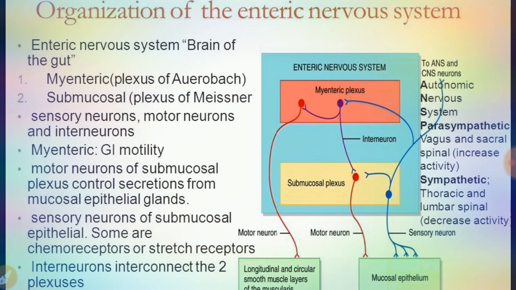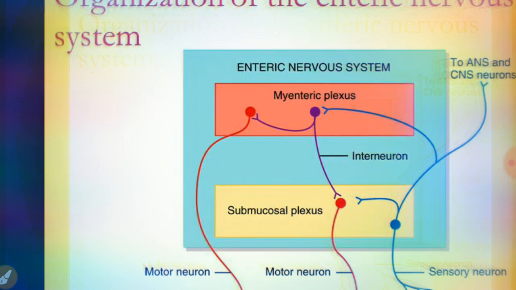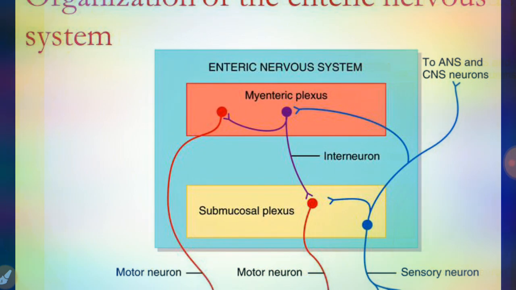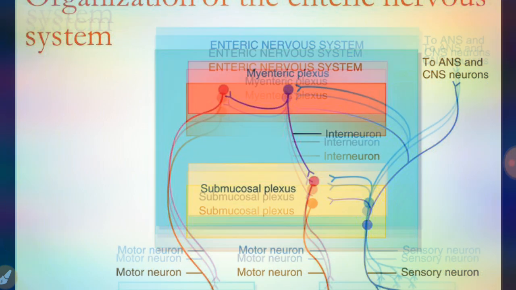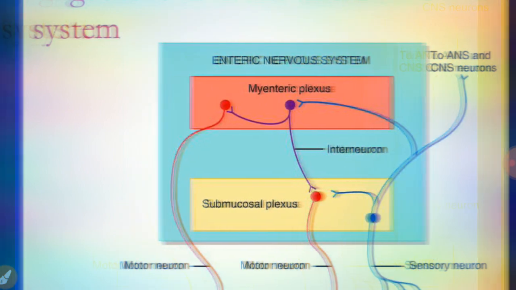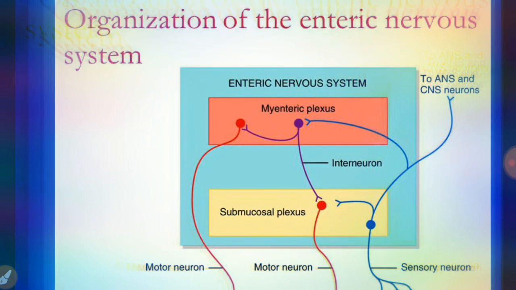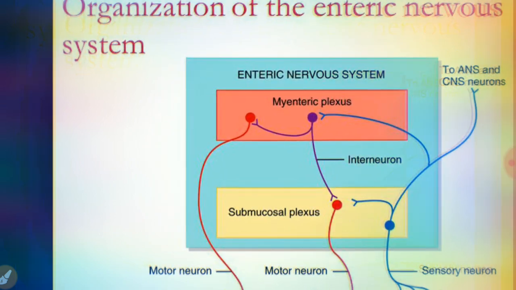Two plexuses come under it. See the motor neurons, sensory neurons, the longitudinal and circular smooth muscle layers of the muscularis, and the mucosal epithelium. The autonomic nervous system and central neurons are followed by the enteric nervous system. So this is the organization of the overall enteric nervous system.